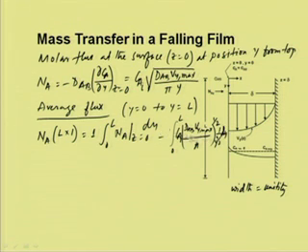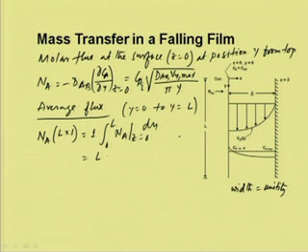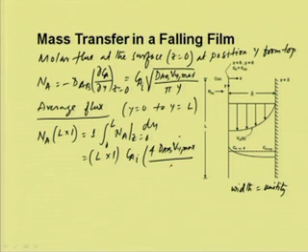So, if we integrate these equations, it will be equal to L into 1 C A i into 4 D A B V y max by pi L to the power half.